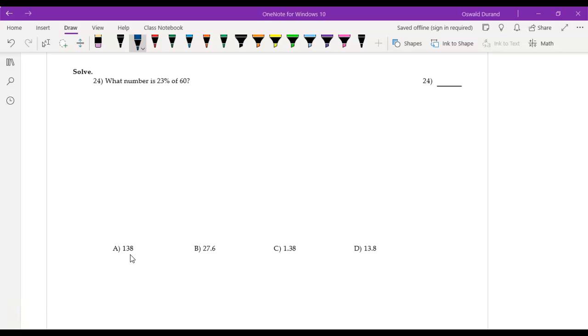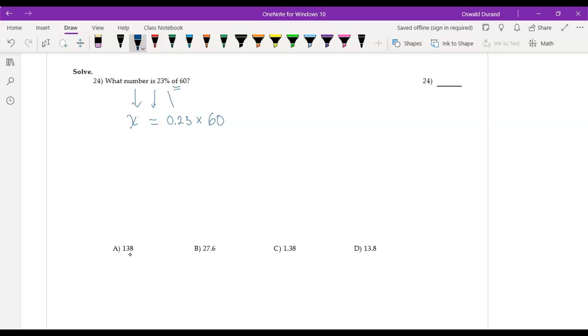All right, so word problems with percentages. Let's set up those problems. So here you have an unknown, and you need to solve for that unknown, right? So let's translate that. So what number, unknown, and we're going to label that as x, then is, meaning equal, 23%, and we're going to turn that 23% into a decimal number, and 23 divided by 100 is 0.23, and then of means times, so times 60.